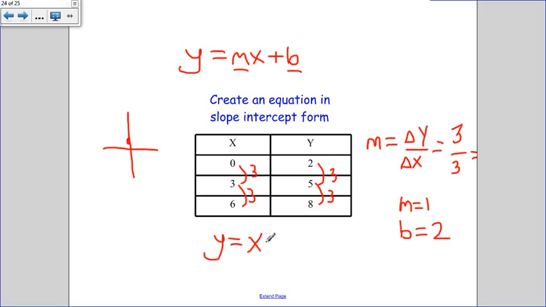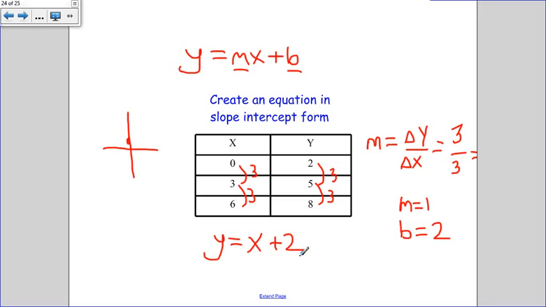Just 1x. Okay? Y equals 1x plus our y-intercept, which in this case is 2. So that is our equation in slope-intercept form. Y equals x plus 2.